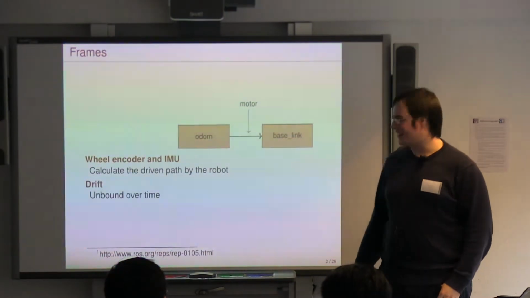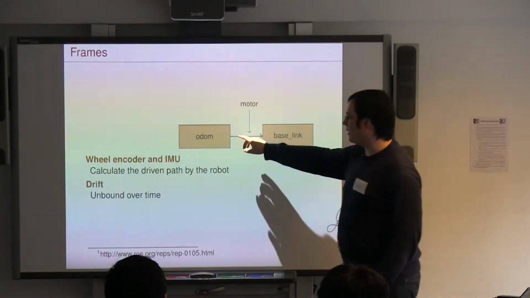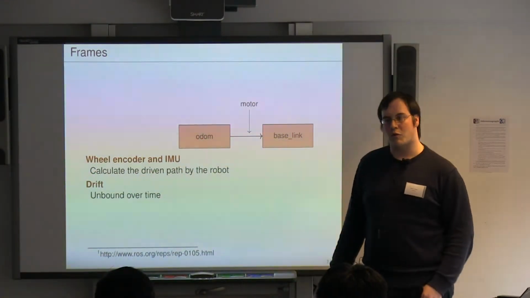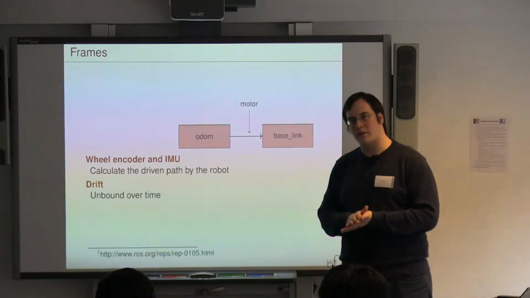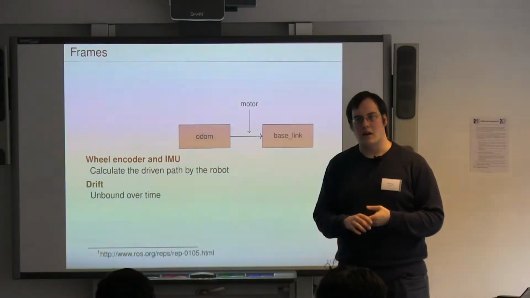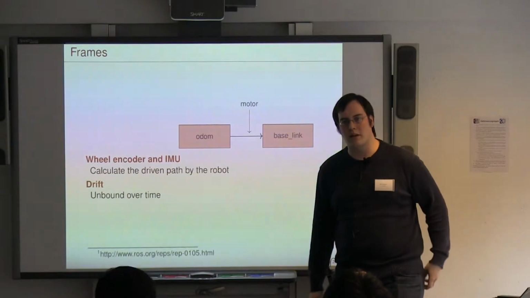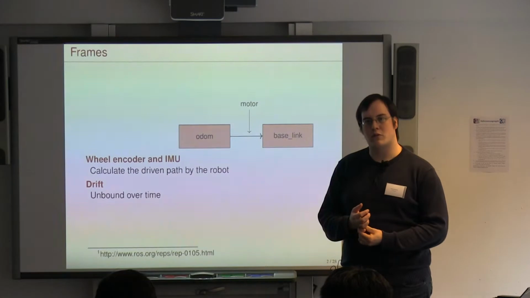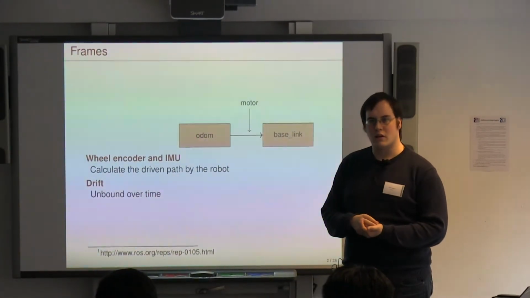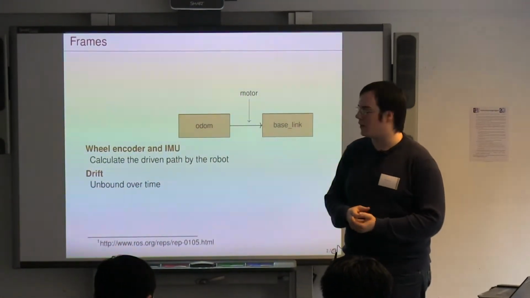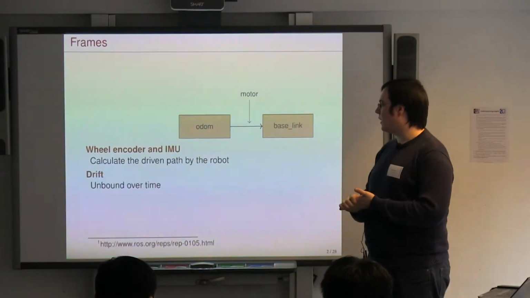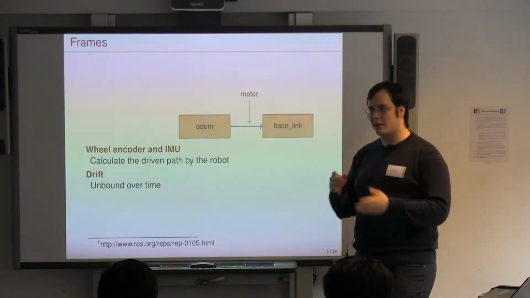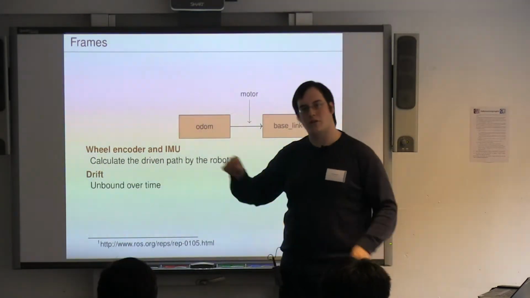Okay. So the odometry frame is typically calculated by sensors on the robot. In the case of the Robotino, it's wheel encoders and the IMU. The Robotino 3 has a built-in IMU, but we also use the IMU from the previous version, which is quite a bit better. So we're using both to calculate the odometry. This has the positive side that it is a continuous frame, so you don't have jumps in it.